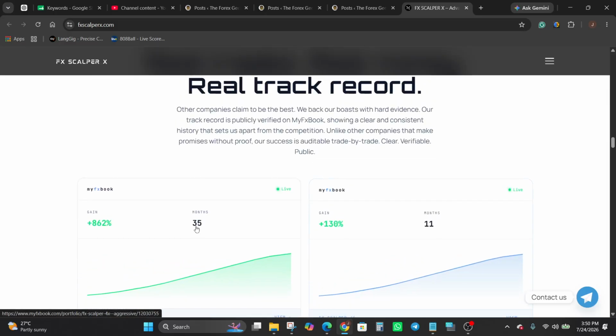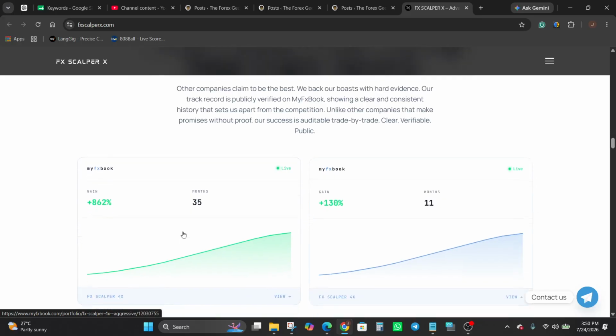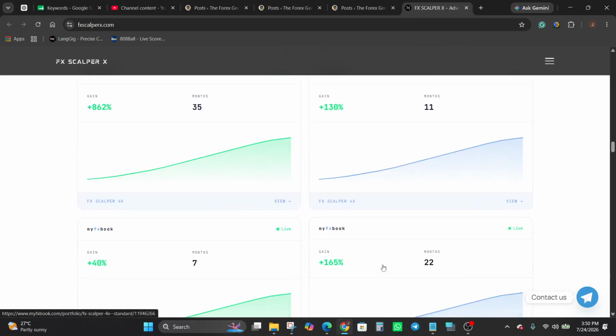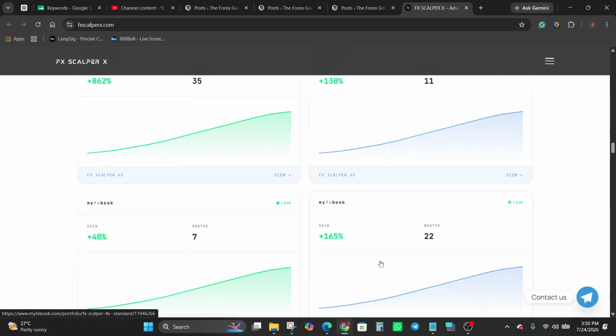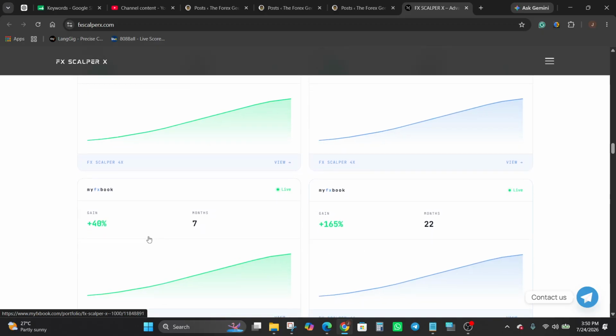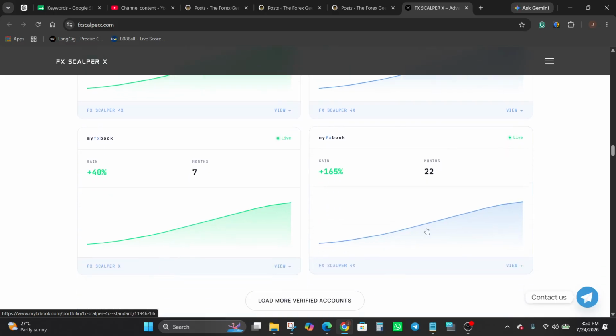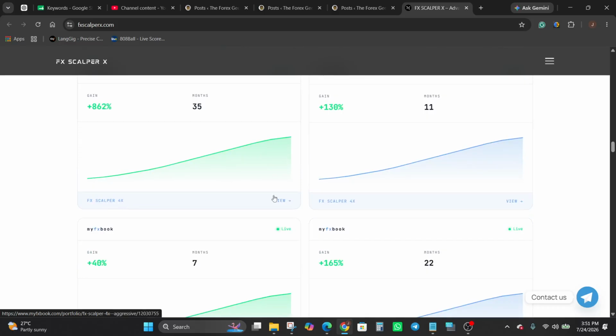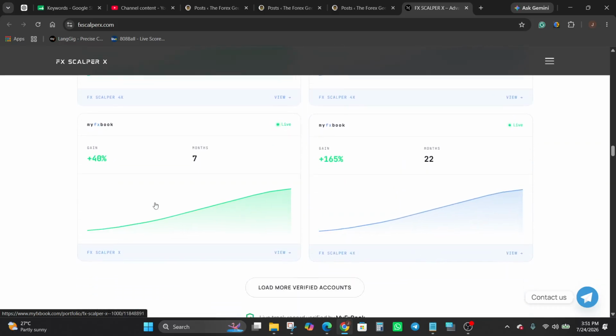One shows a gain of 862% over 35 months, another 130% over 11 months, another 165% over 22 months, and finally this shows 40% over 7 months. And we can see that these three are labeled FX Scalper 4X. Then this particular one is labeled FX Scalper X.